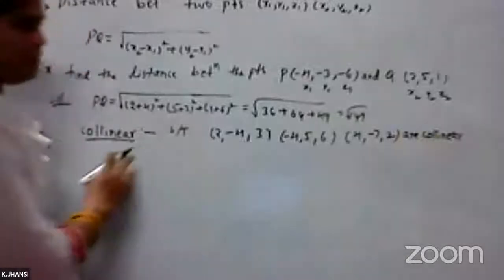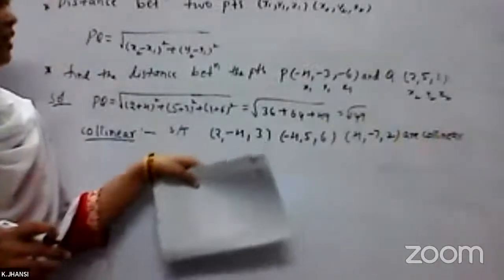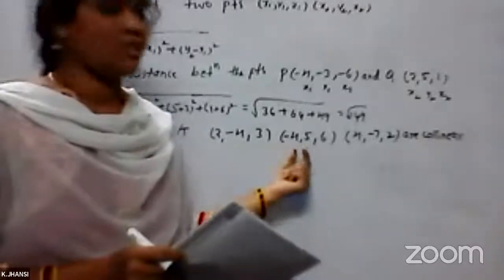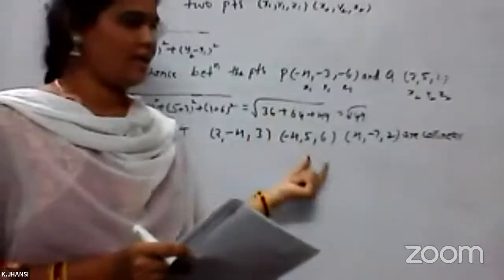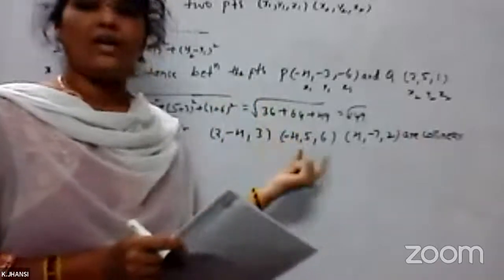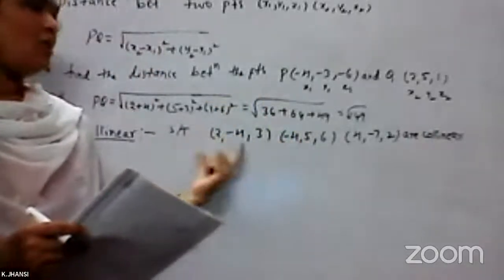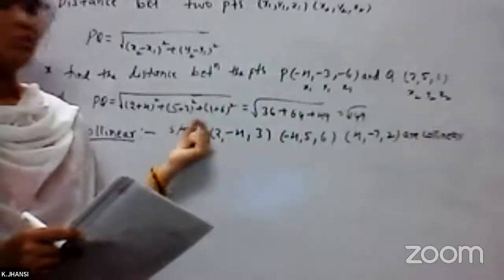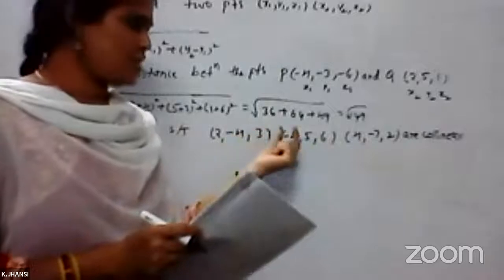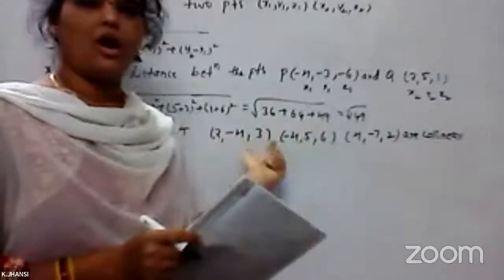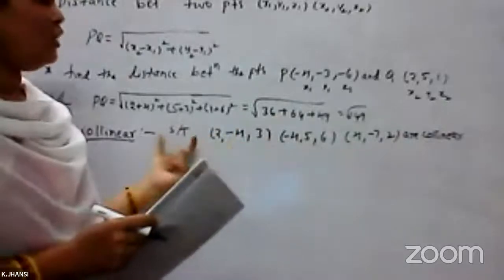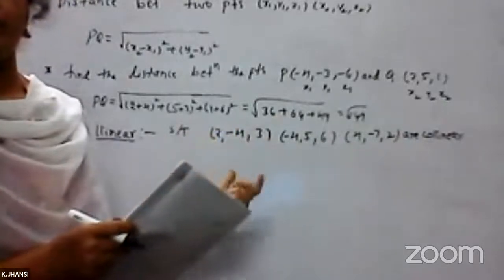Whatever procedure we use for collinearity, you can apply the same procedure to show whether the given points form a right angled isosceles triangle, a square, an equilateral triangle or a parallelogram. First you name the given points as P, Q, R or A, B, C. Then you find the distance between the two points and see the relation between them.